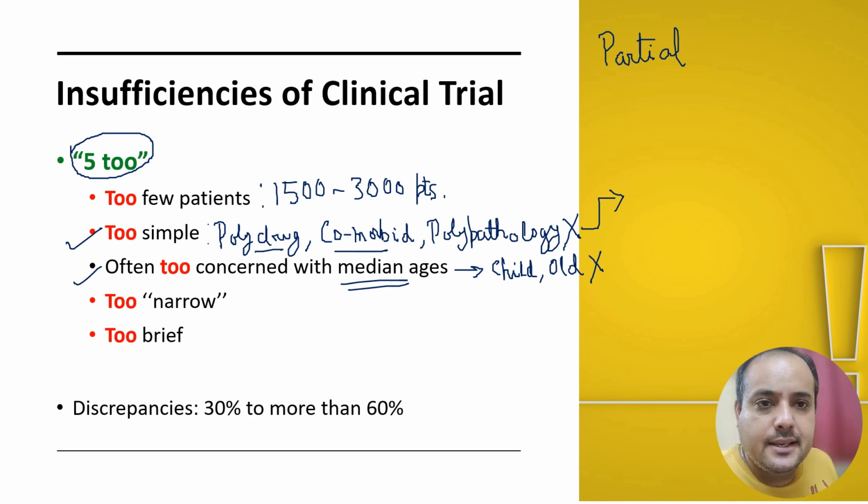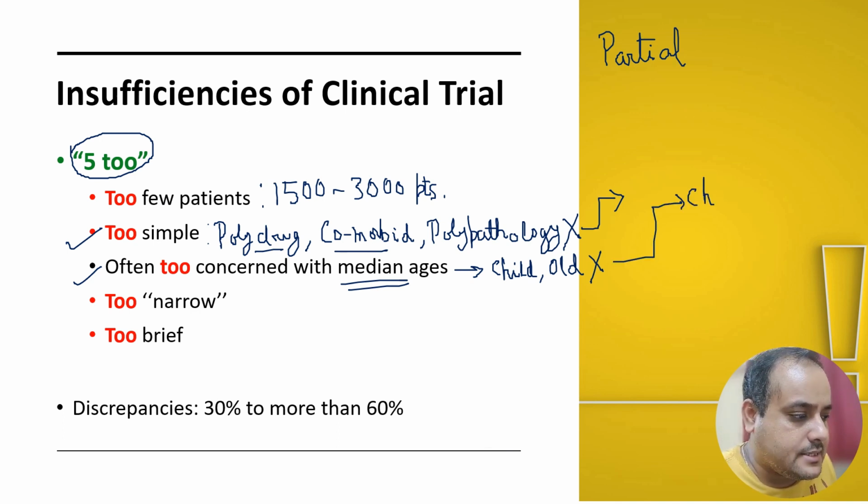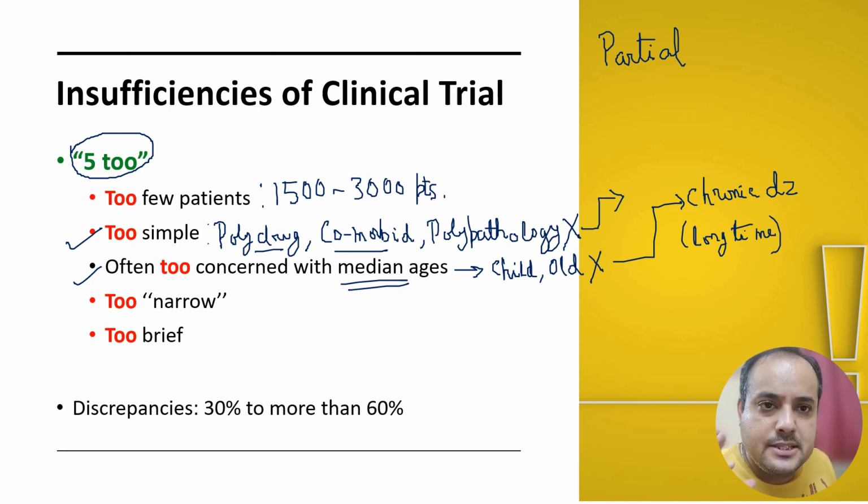But in reality, the geriatric age group, the old patients, especially in case of chronic diseases, will be the ones who will consume a lot of drugs. In a disease like hypertension or diabetes, there may be more than one drug, and this treatment will also go on for a long time. So the chances of these patients being exposed to old and new drugs is far more, but in clinical trials we normally exclude them.